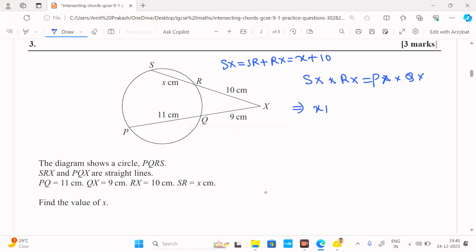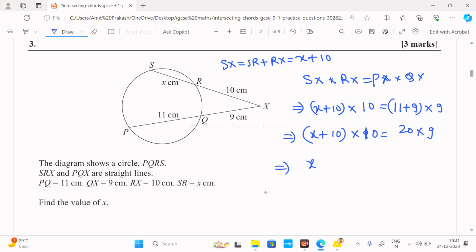So Sx equals x plus 10 and Rx equals 10. Px equals 11 plus 9, that is 20, and Qx equals 9 centimeter. So x plus 10 into 10 equals 20 into 9.